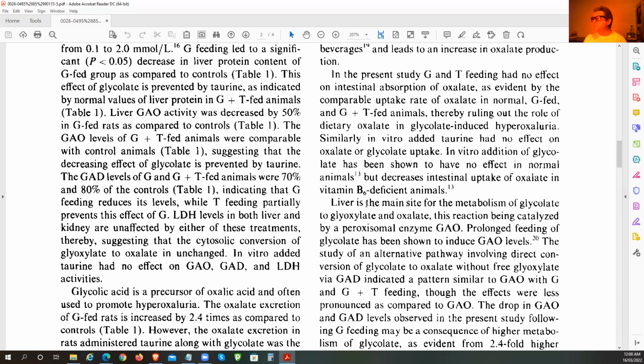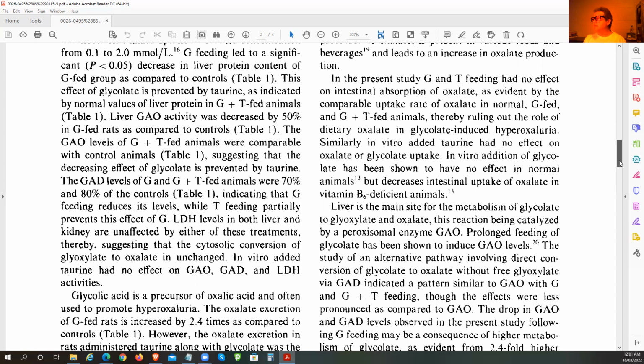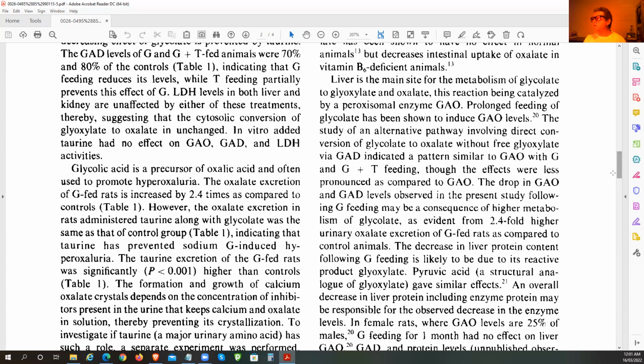So that's interesting. Liver is the main site of the metabolism of glycolate to oxalate. This reaction is catalyzed by the peroxisomal enzyme GAO, and prolonged feeding of glycolate has been shown to induce GAO levels. So this enzyme gets upregulated, is what they're actually finding.